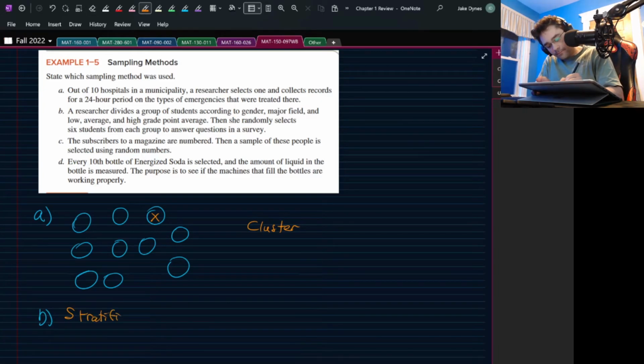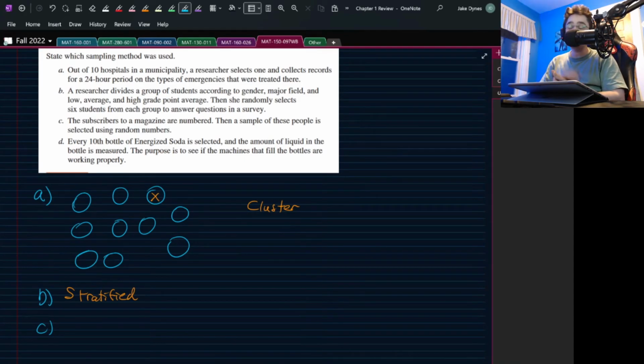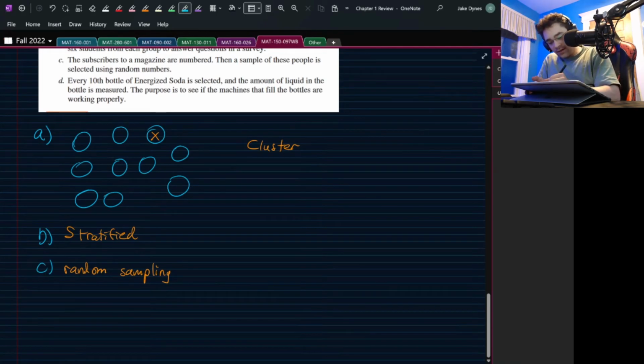C. The subscribers to a magazine are numbered. Then a sample of these people is selected using random numbers. That one is a random sampling. It's very similar to the raffle example that I mentioned. And D, every 10th bottle of energized soda is selected.